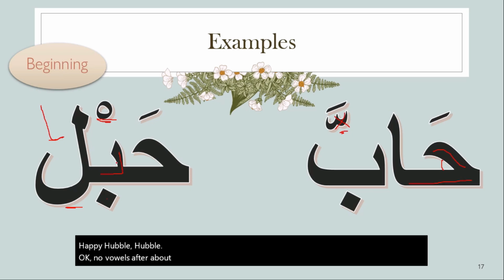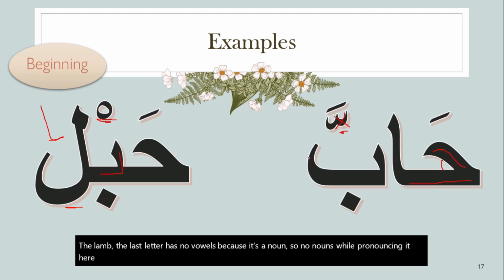Here the lam, the last letter, has no vowels because it's a noun. So no vowels while pronouncing it. Here the ba has vowels at the end because it's not a noun, it's a verb. That's why it can have vowels and harakat on it.